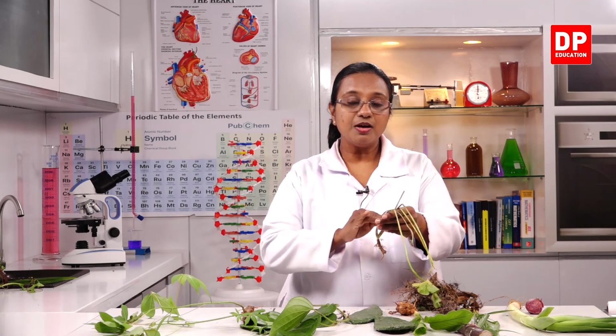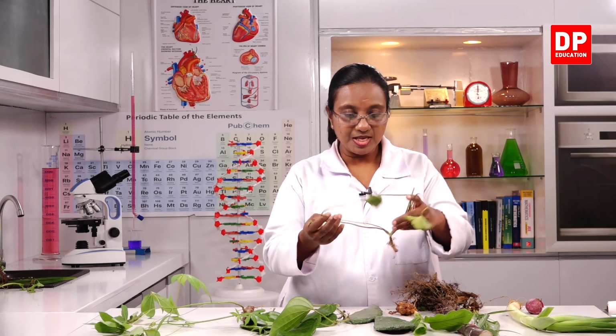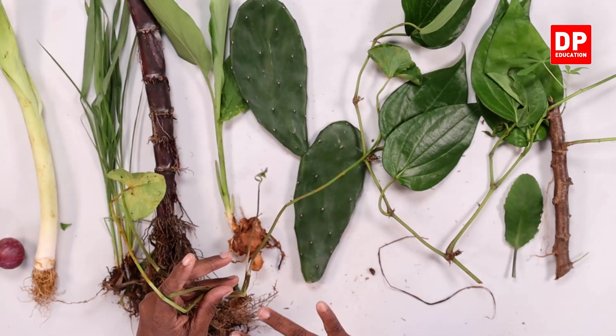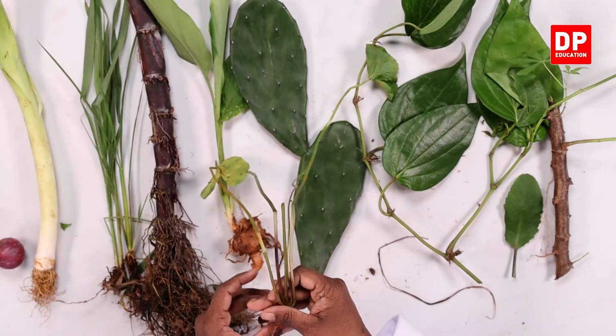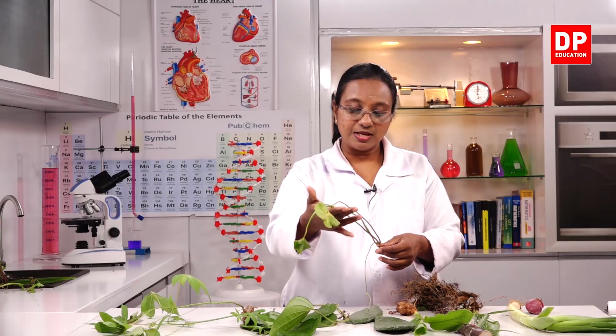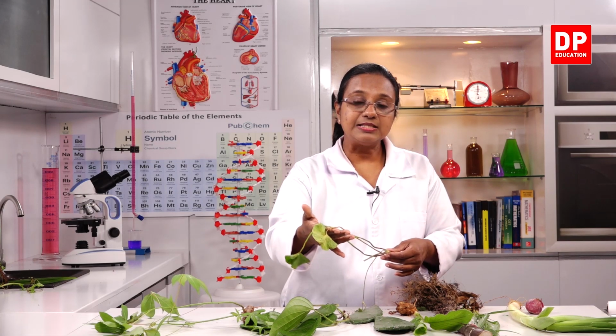Gotukola or Vallarai in Tamil, the Centella asiatica plant. Here you can see they have very thin stems, and these stems grow parallel to the surface of the ground. So this has a stem that is called the runner. So this is an example for runners, and they reproduce from these runners.